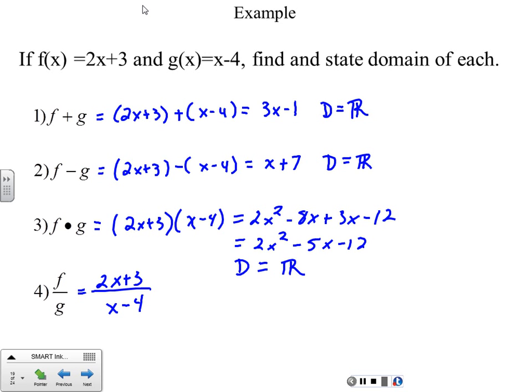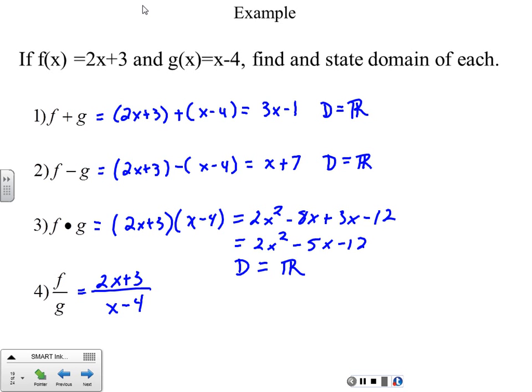Is there any way that I can simplify this division or actually do the division to this problem? The answer is no.